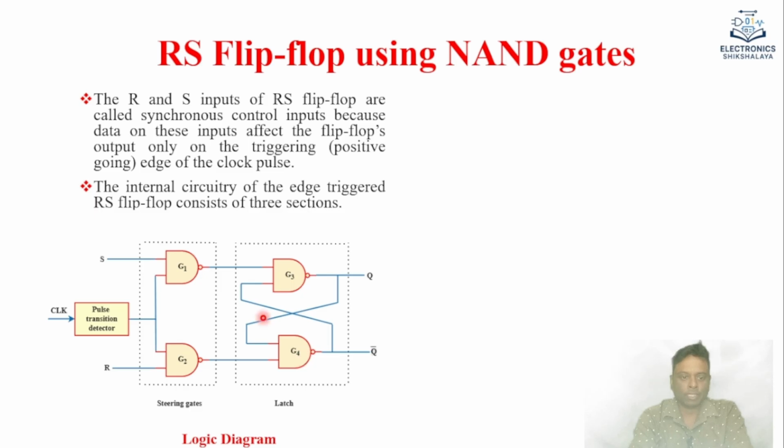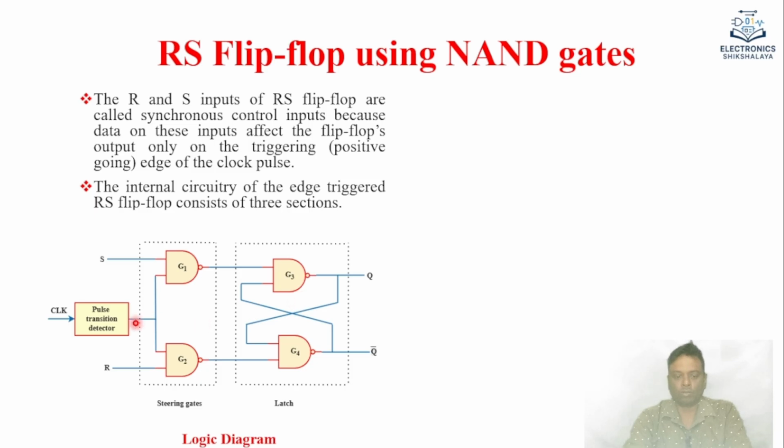Similarly, we have G1 and G2, which are called the steering circuits. This steering logic circuit is formed using the NAND gates G1 and G2. The steering gates control the flow of data into the latch, depending upon the input conditions and the clock.